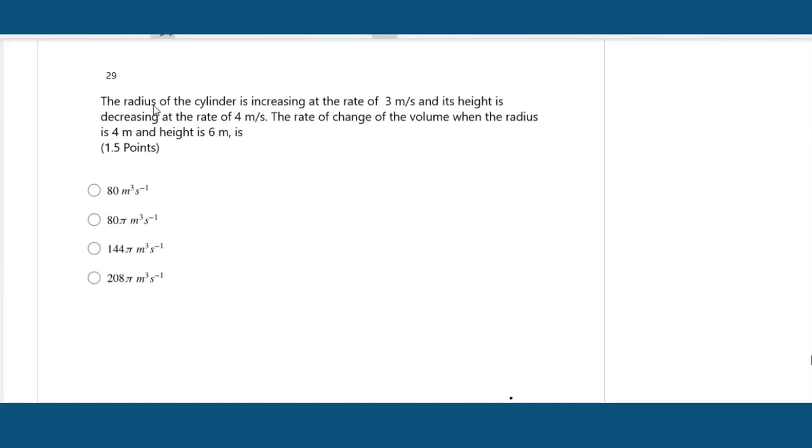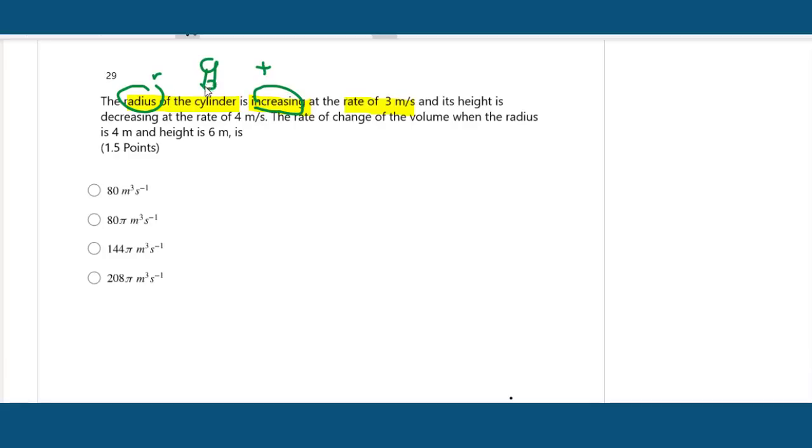The radius of the cylinder is increasing at the rate of 3 meters per second. So here, radius r. Increasing means that it is positive.